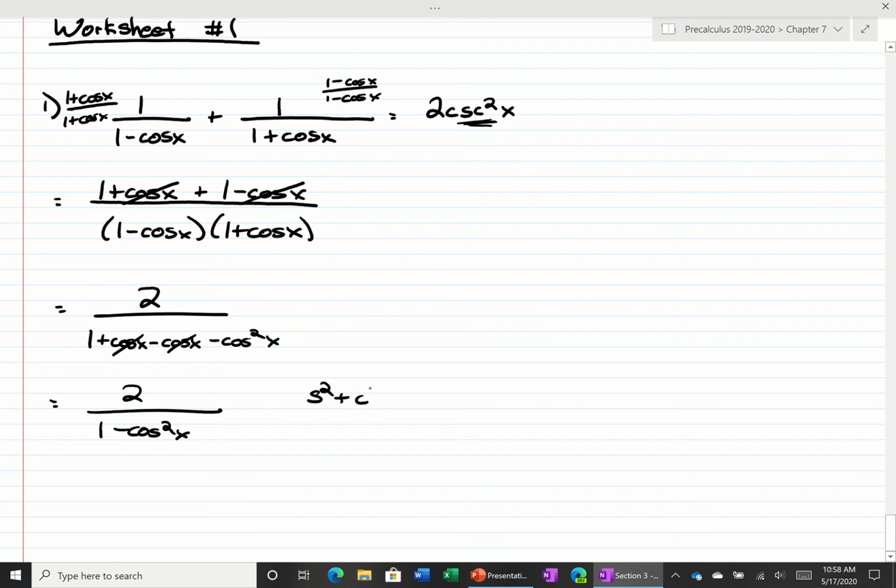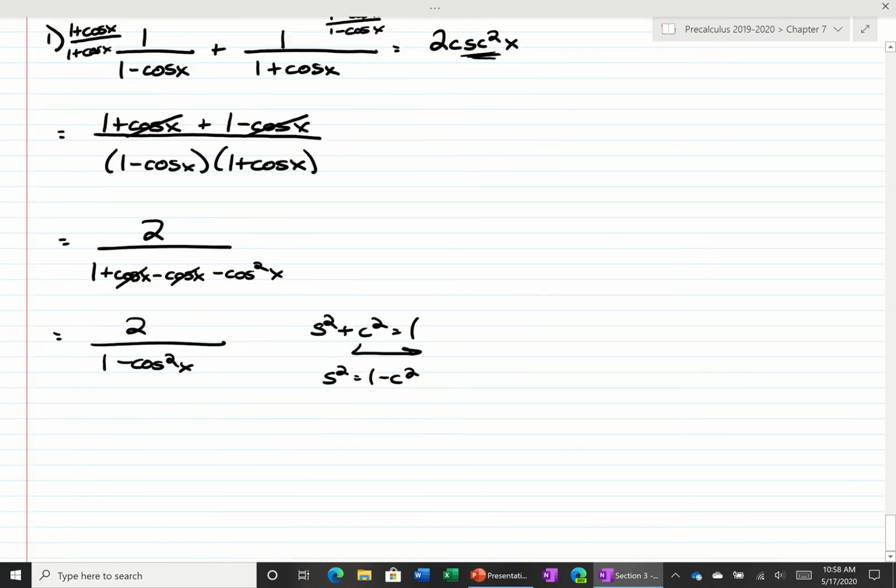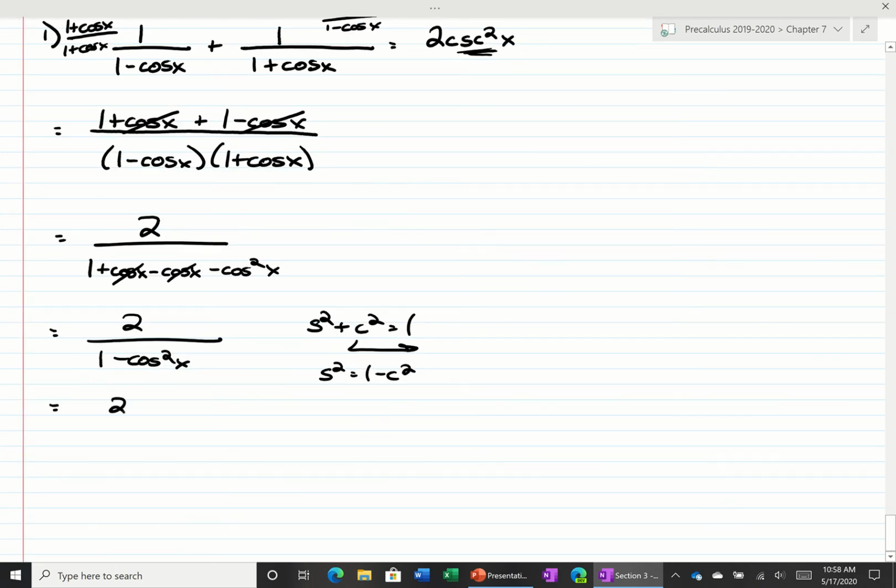We've seen that a few times. 1 minus cosine squared is sine squared. And this is the same thing as saying 2 times 1 over sine squared, which is exactly what we wanted. That's 2 times cosecant squared of x.